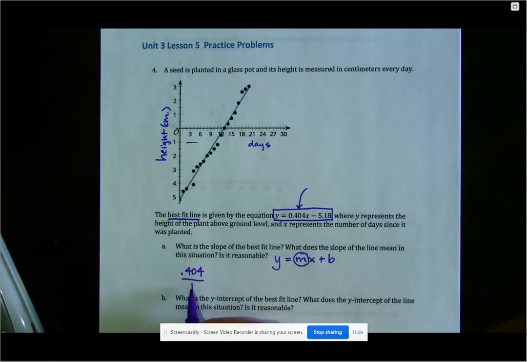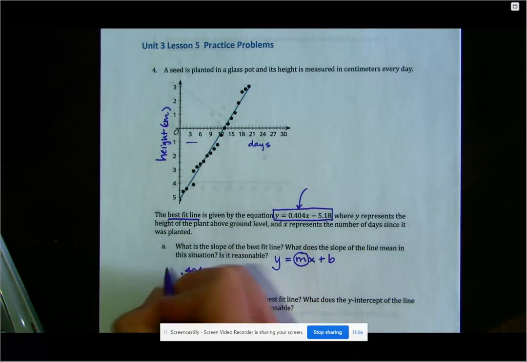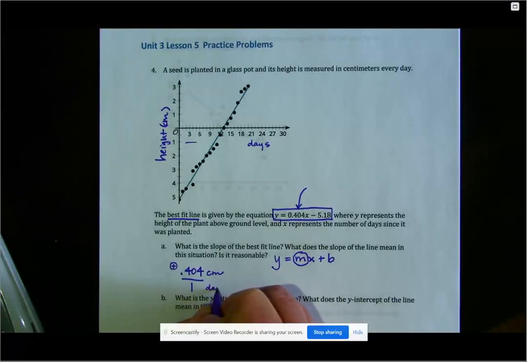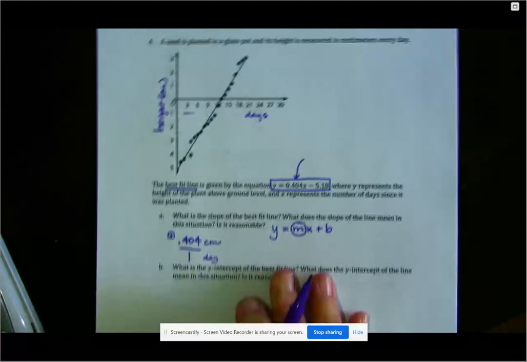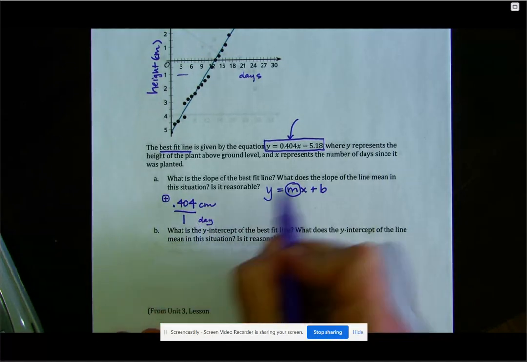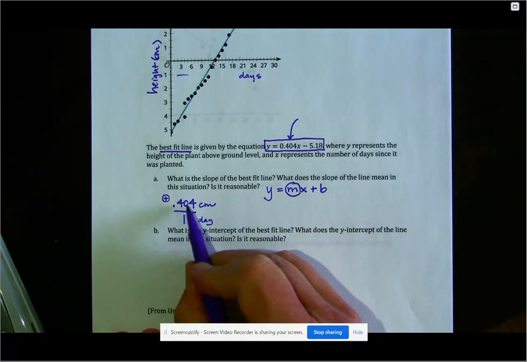Slope is known as the change in y over the change in x. So this is how many centimeters, and it's positive, it is increasing every day. So, a little bit less than half a centimeter a day. You can also sometimes hear it said, for every 1 day, it's increasing 0.404 centimeters.